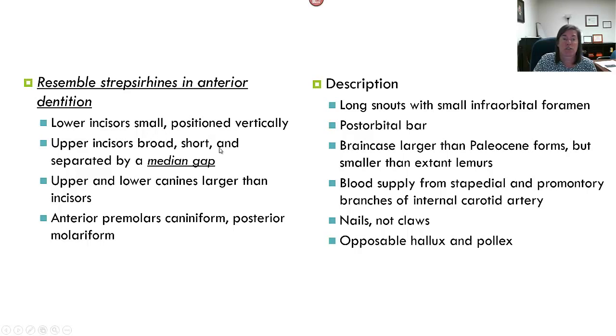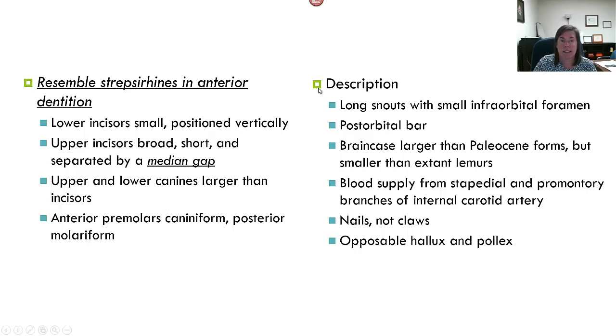Their upper incisors are broad, short, and separated by a median gap. So there's a space between your two front teeth. The upper and lower canines are larger than the incisors, and the anterior premolars are caniniform, meaning they're sharp and pointy instead of square and flat.